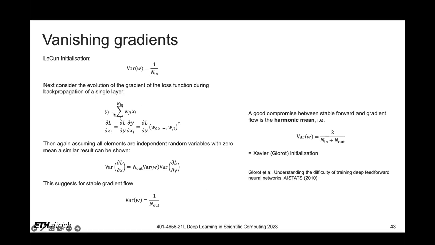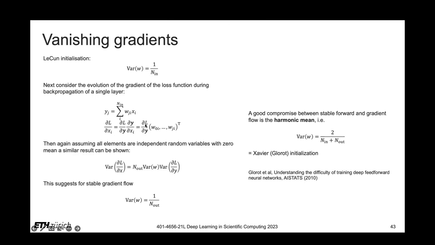Again, if you think about this as one single neuron, this is the output of the neuron, this is the input. And remember, our backpropagation algorithm is trying to figure out the gradient of the loss function with respect to x at that point in the network. That's what the chain rule is evaluating. And we just decompose this into the derivative of the loss with respect to y, and then the derivative of y with respect to x. So this is just the chain rule.